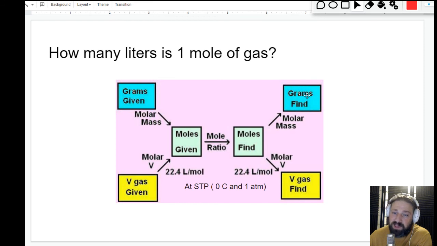Use the molar mass again to grams found. All right. There's another thing you can do, using volume of a gas. We haven't really talked about it. We'll get to that later. Don't worry about that right now. But grams to moles, moles to moles, moles to grams. That is what you're going to be after.